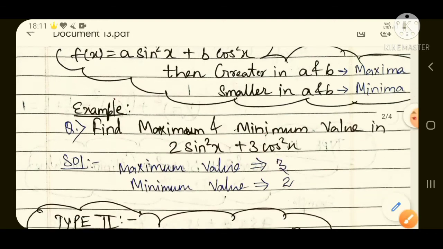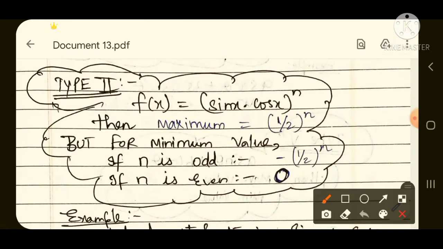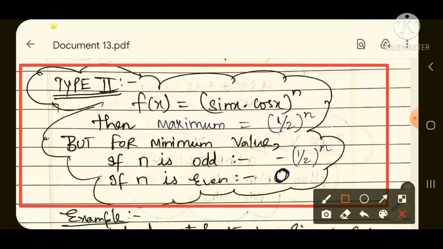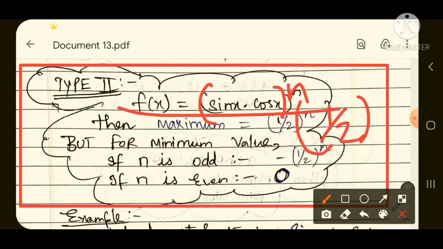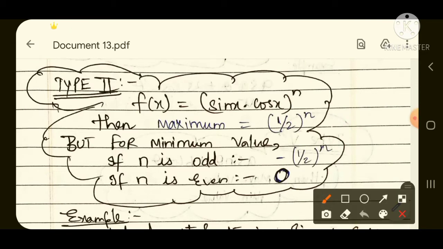So now we are moving on to our second type which is appearing in the exam. Again I will put it in a rectangular box. If the question is coming in this format, sin x into cos x to the whole power n, then the maximum value is simply half to the power n. But for the minimum value you need to be alert.